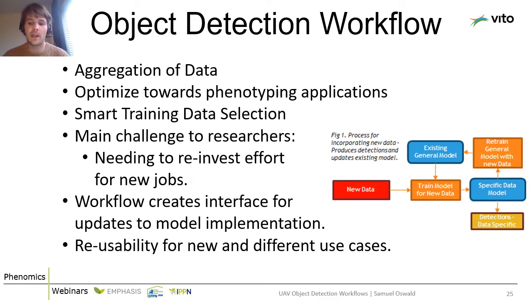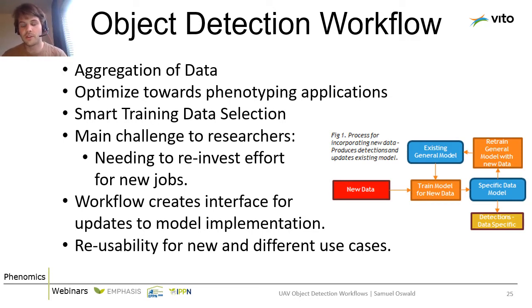And so, yeah, it involves being able to, one, aggregate the data. So rather than having ad hoc flights, which you can train a model on, but you can't use that data for your next flight, which you collect in a different way.